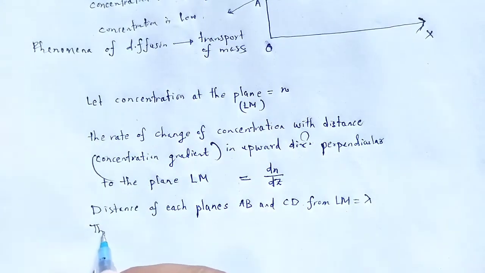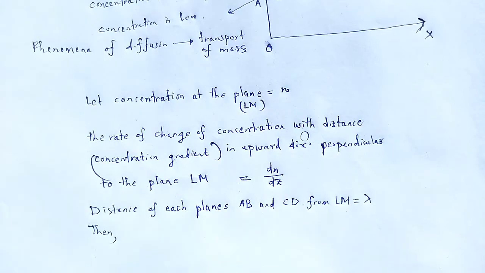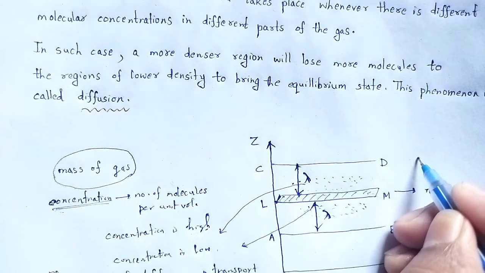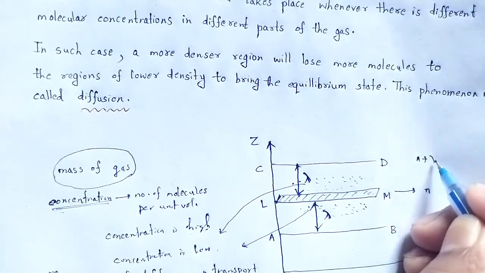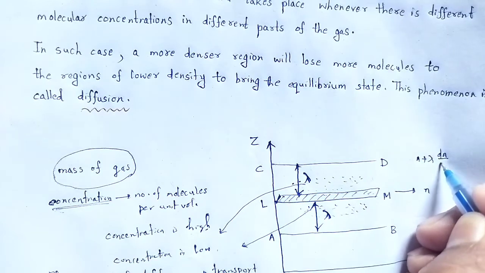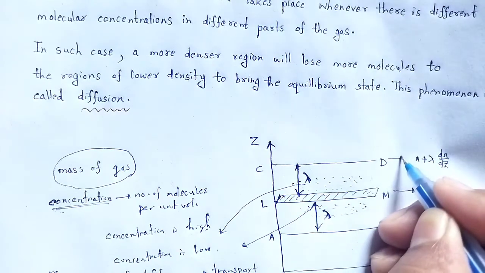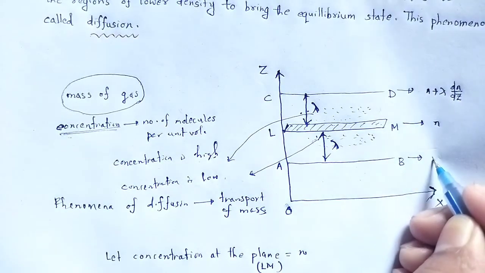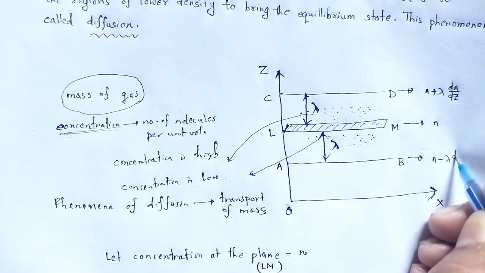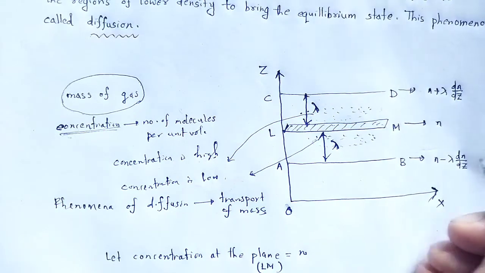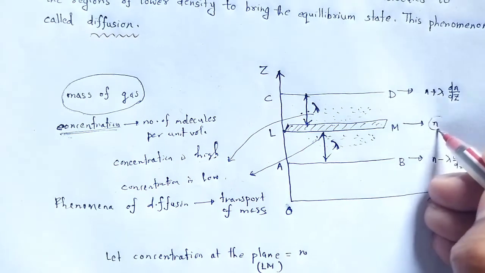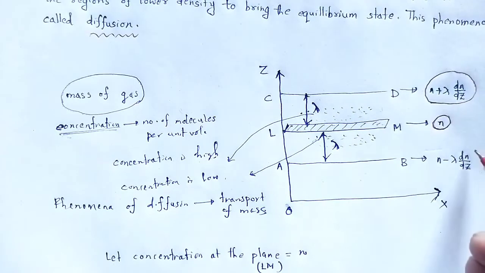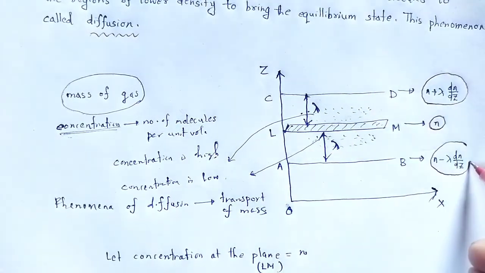Then the concentration at the plane CD is N plus lambda times dN by dz, and the concentration at the plane AB is N minus lambda times dN by dz. These are the concentrations of the gas molecules at planes LM, CD, and AB.